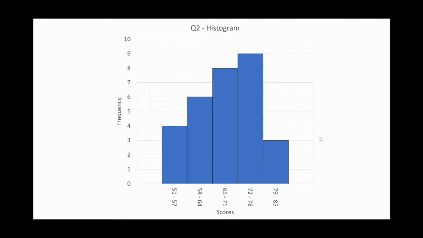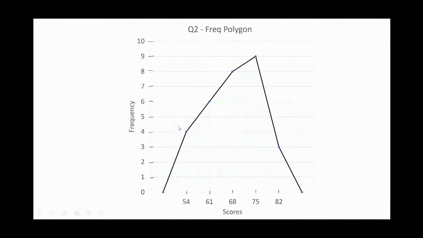Polygon. You see the first one, 51 to 57. If you draw a polygon, you need to draw it in the middle. Right, so what is the middle point? For 51 to 57, the middle point is 54. So you're going to put 54 as number 4 here. Okay, so 54 as 4. Then 61 and so on, continue, continue, continue. Then extend 2 boxes to the left and 2 boxes to the right.